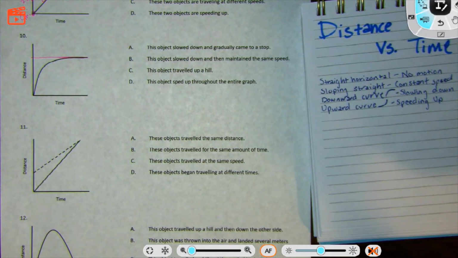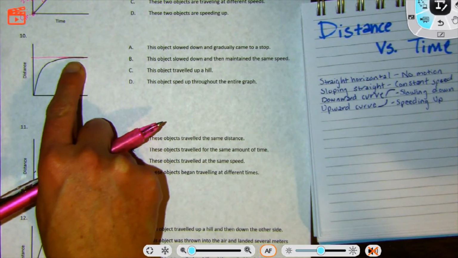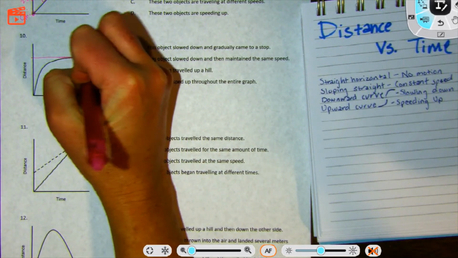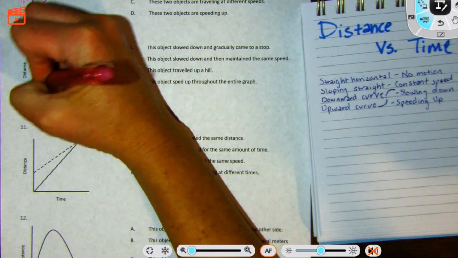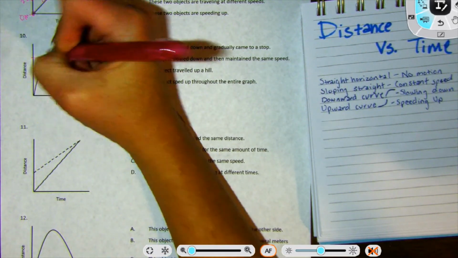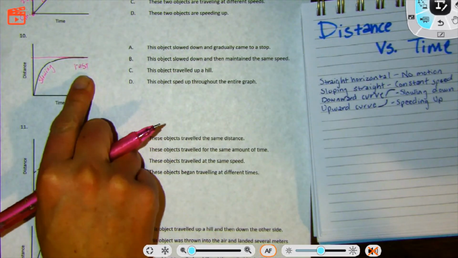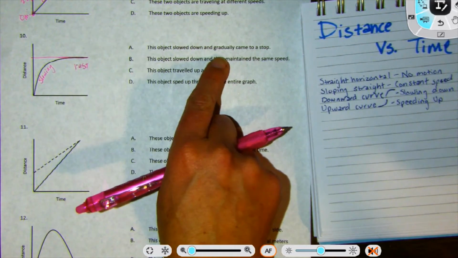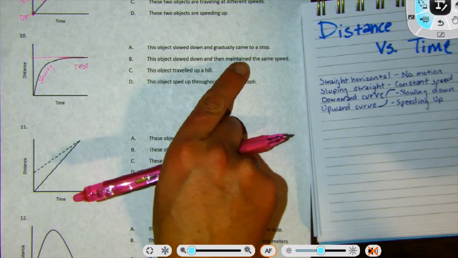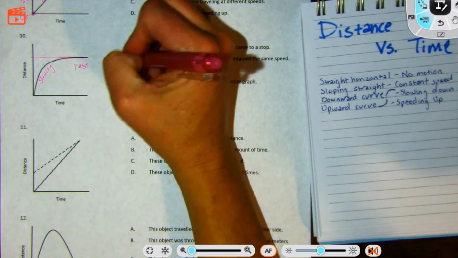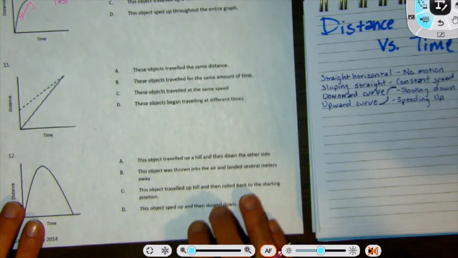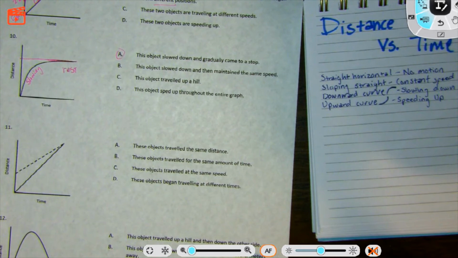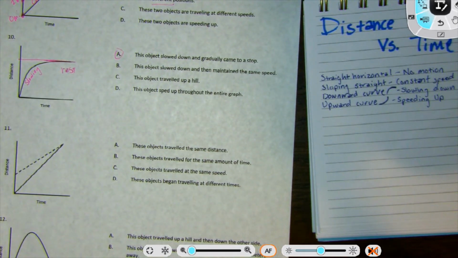That means it's at rest, right? So this part is slowing, and then it stops. So this object slowed down gradually, came to a stop. Boom. That's our answer. You should always read through the other ones, but for time's sake, because I don't want this to be forever, that's the answer.